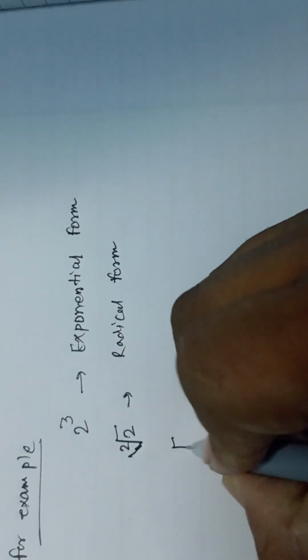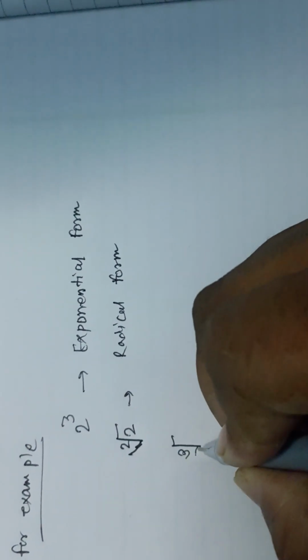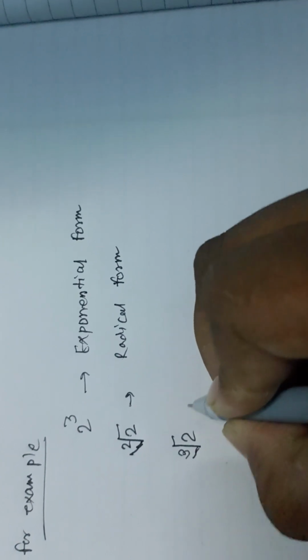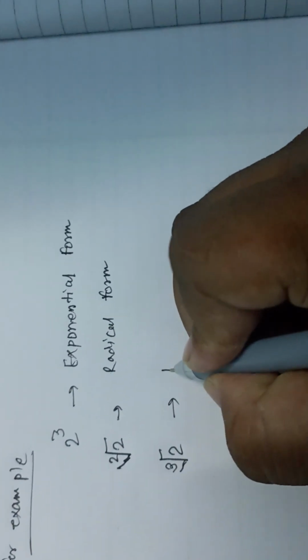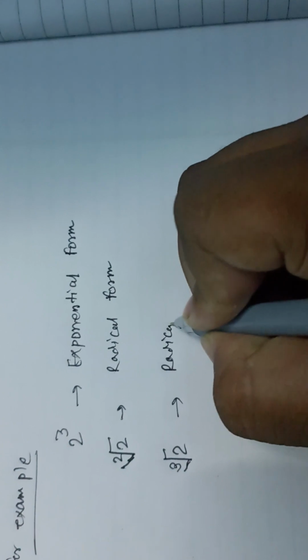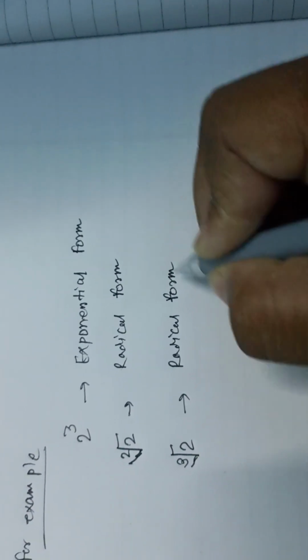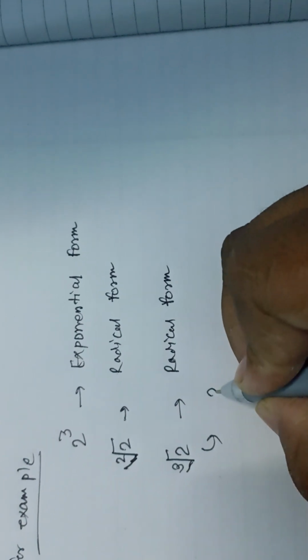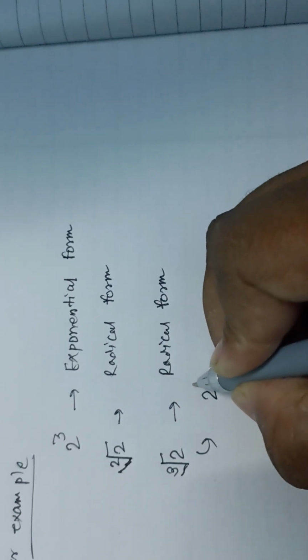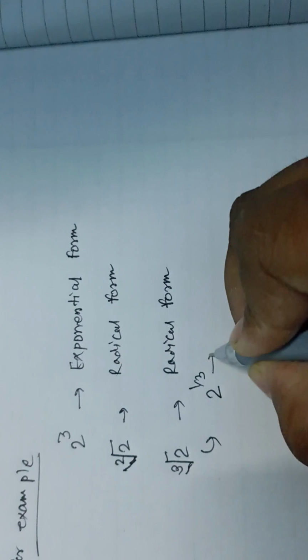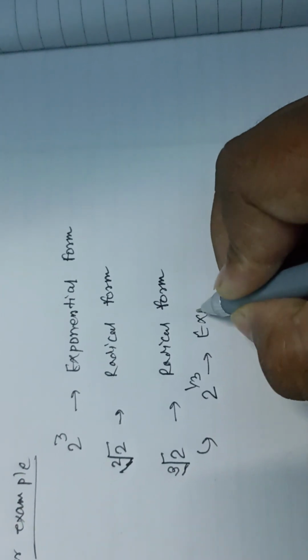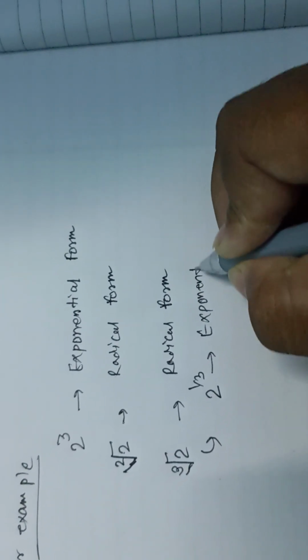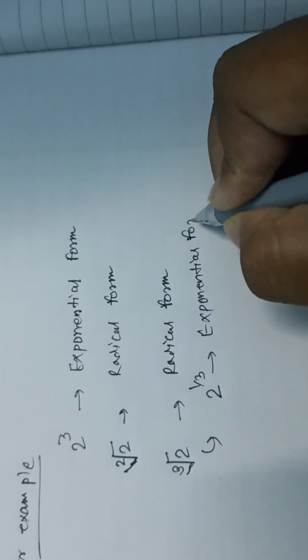Suppose you have 3 in radical power and there is 2, then this is radical form. But if you want to convert this into exponential form, then you can write it 2 to the power 1 by 3. This is exponential form.